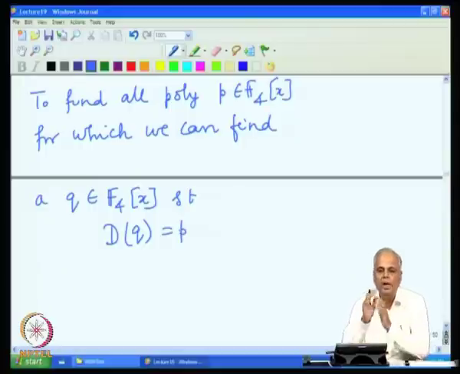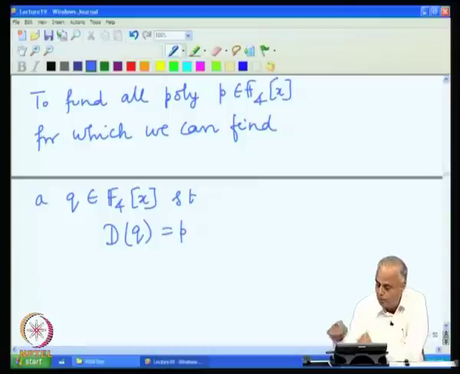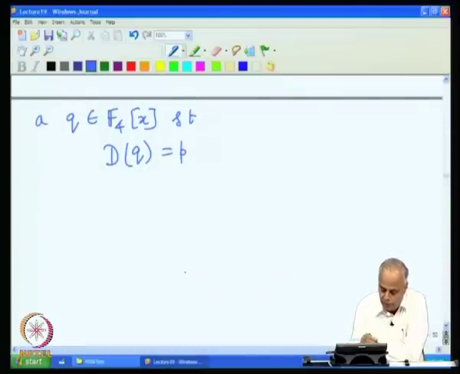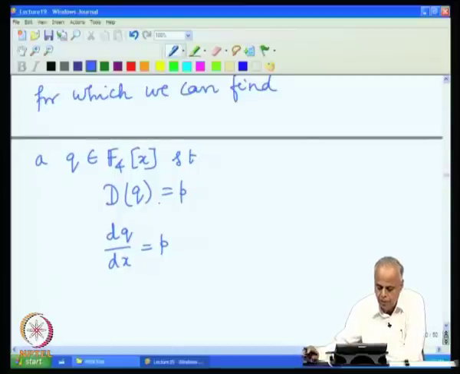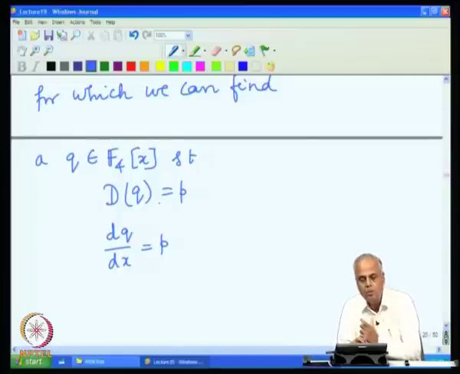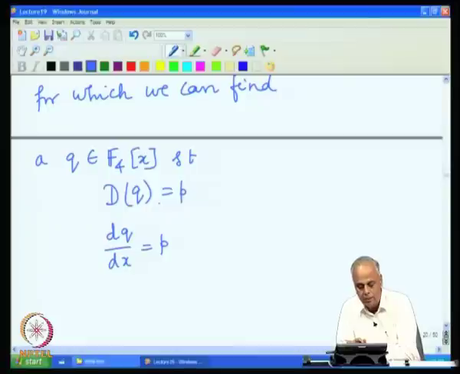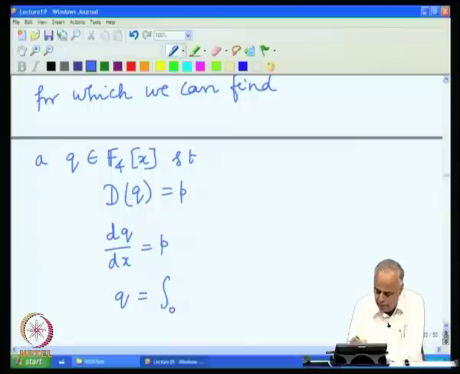So, we want to find all those p's which can be obtained as the image of a q in P4, which means we want dq/dx must be equal to p. So, we would like to find those p's for which dq/dx will be equal to p. Then q must be equal to the integral from 0 to x of p(x) dx.